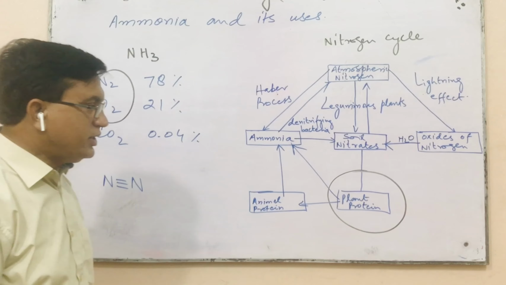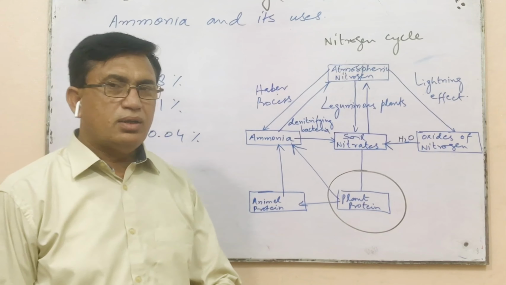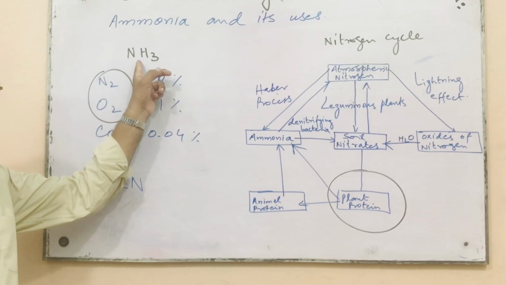To make up the deficiency of the soil, we use ammonia as a fertilizer.